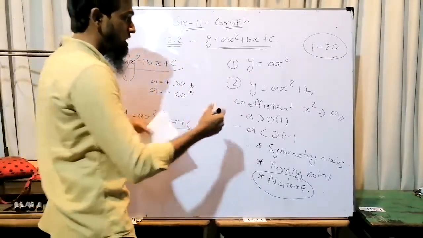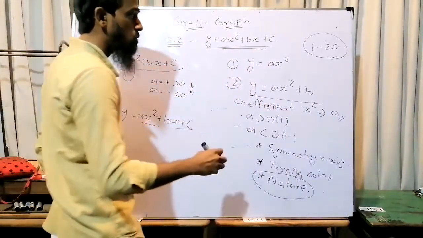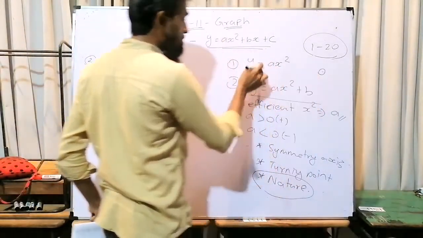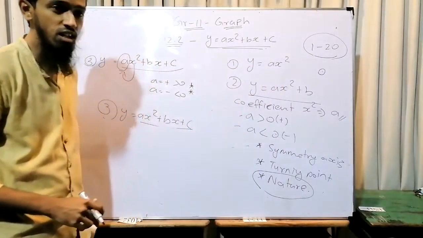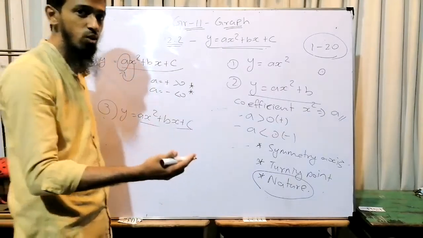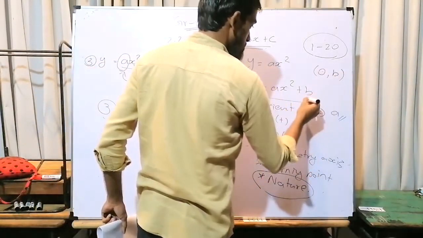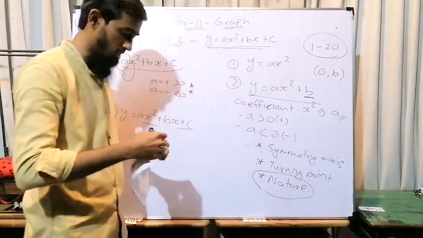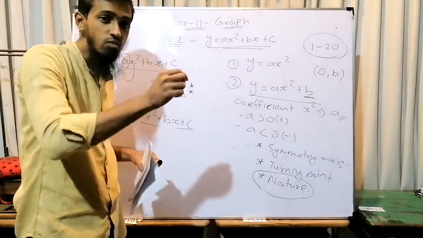In this second equation, what is the turning point? The x coordinate is always 0 for these two categories. For the second category equation, the y coordinate of the turning point is going to be b. So we need to remember that b is exactly the y coordinate of the turning point.